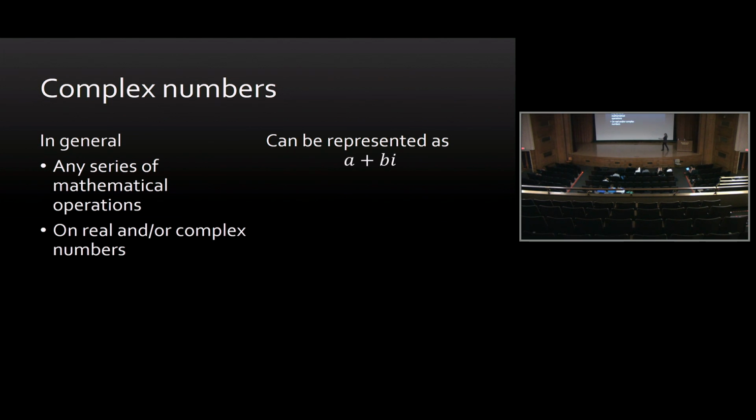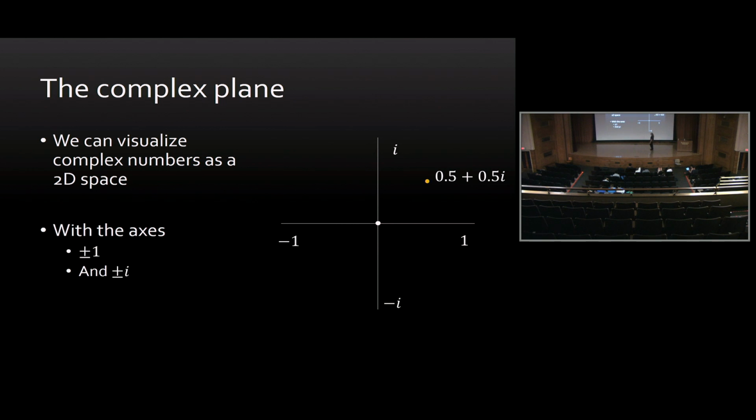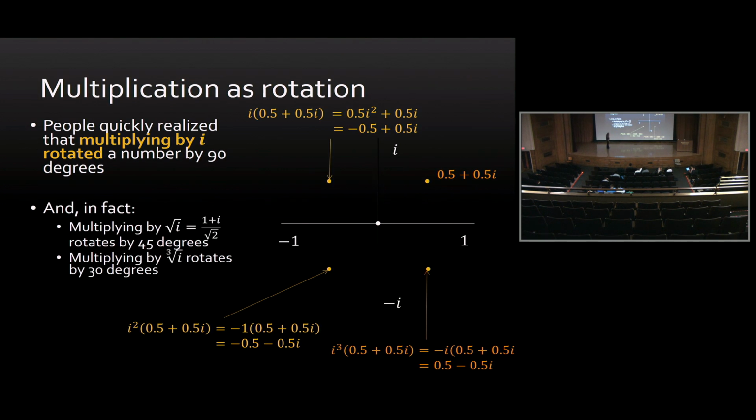So if we say all of our numbers can be represented as complex numbers, then we can draw them in the plane. And somebody, I think it might have been Euler, realized that multiplying something by i rotated you by 90 degrees.